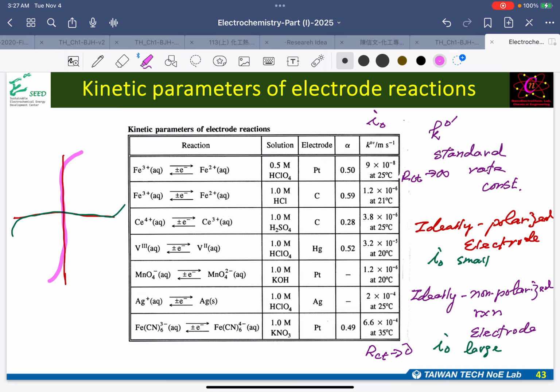The pink color is an ideally non-polarized electrode, and this green color is an ideally polarized electrode. So once you have an ideally non-polarized electrode, then you can use it as a reference electrode. We have many reference electrodes, and you need to choose from these ideally non-polarized electrodes.